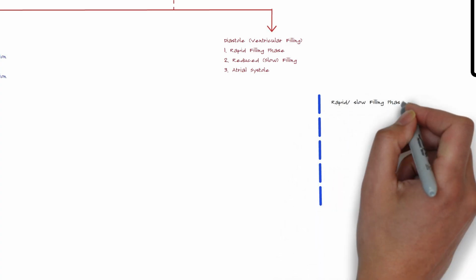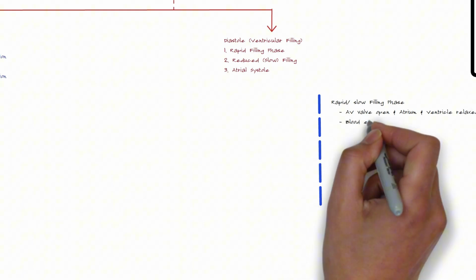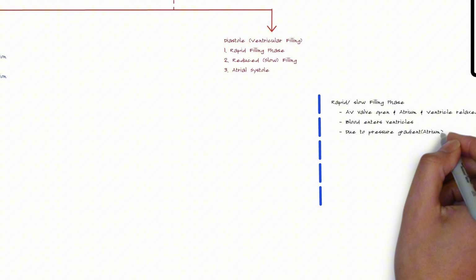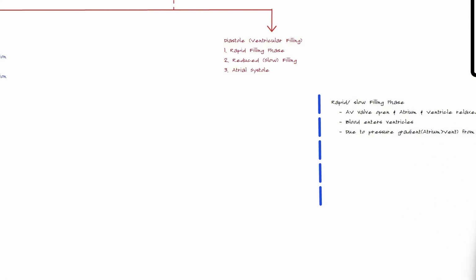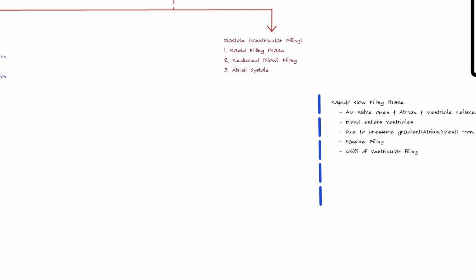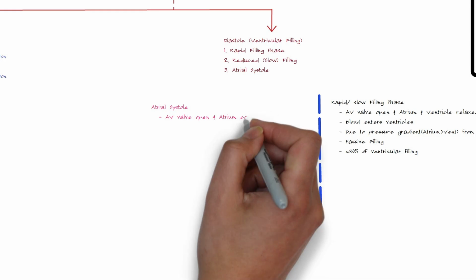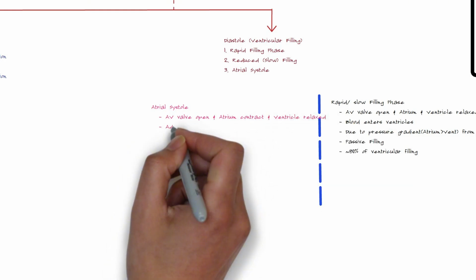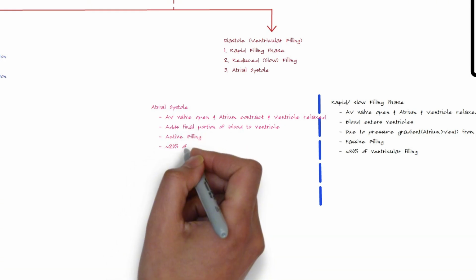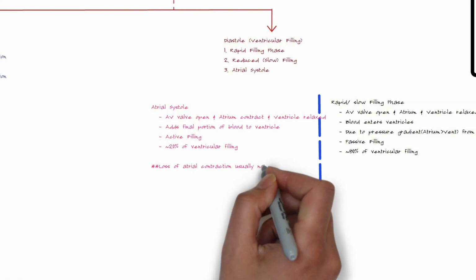First, start with the rapid filling phase, where the AV valves are open, the blood flows quickly into the ventricle, and both the atrium and ventricle are relaxed, and the filling becomes slower as the pressure gradient decreases. The atrial systole is the phase in which the atrium contracts to add the final 20% of the blood.